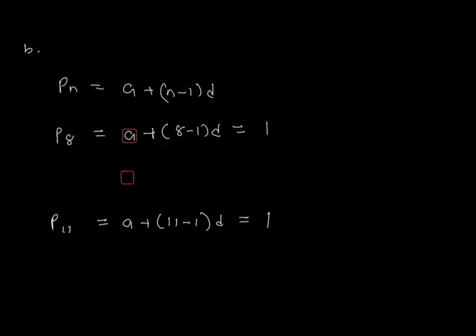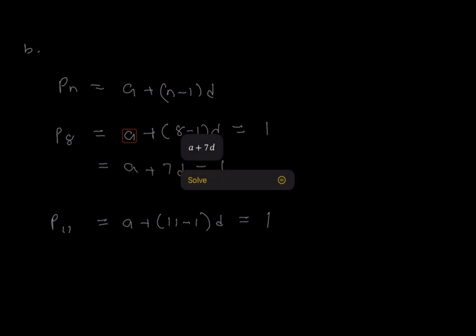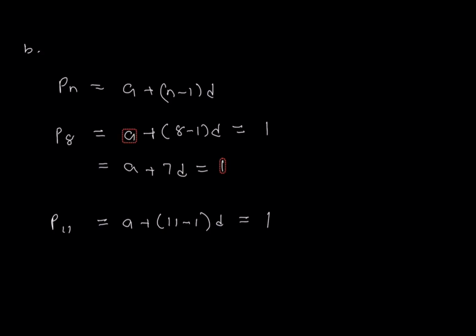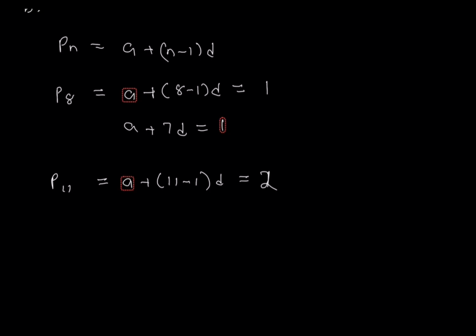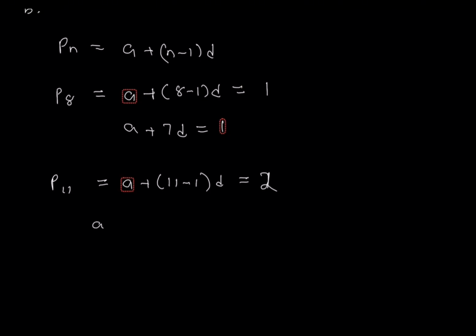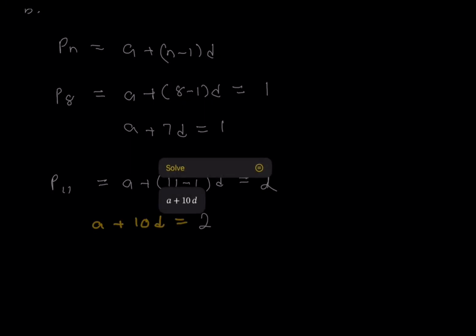It's going to be a plus 7d is equal to 1, if it's fine by you guys. And this one is 2. I'm sorry, this is 2, yes. So simplifying this is going to be a plus 10d is equal to 2.